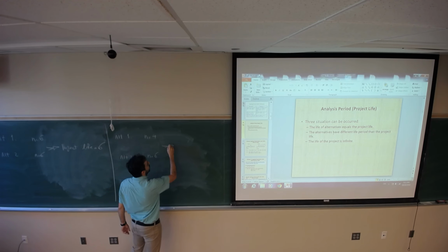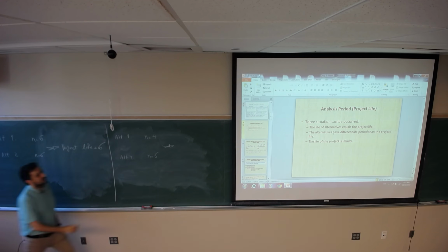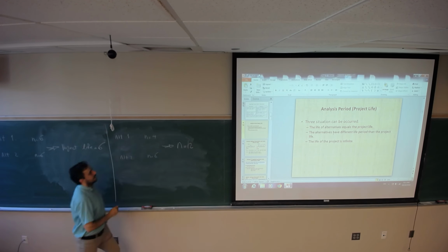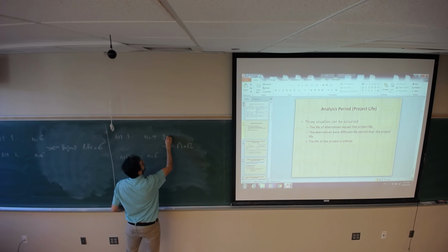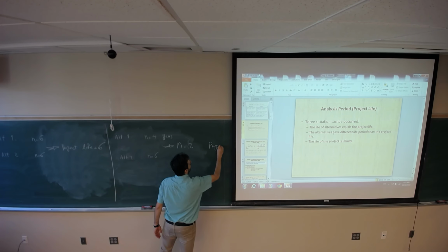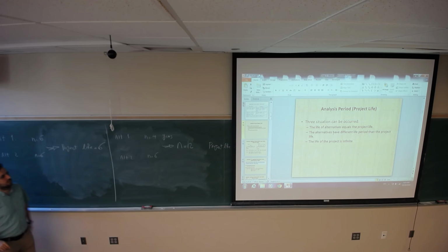You can do two things. The first thing, just find the least common multiple of 4 and 6, which is 12. Set the project life to 12 years and do the analysis for them.